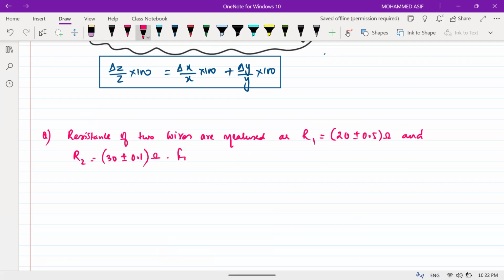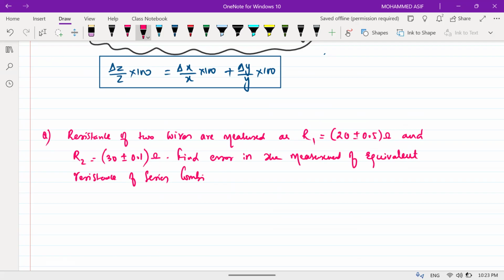Okay, find the error in the measurement of equivalent resistance. Equivalent resistance of series combination. Okay, can anyone give me the answer?